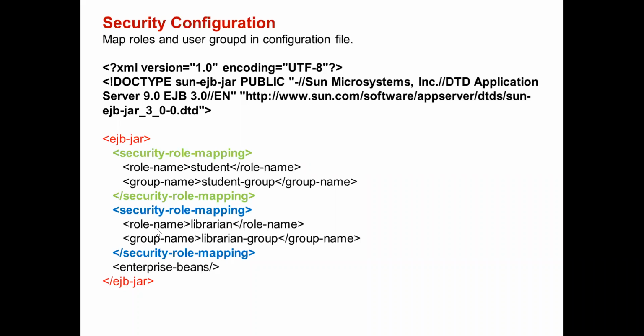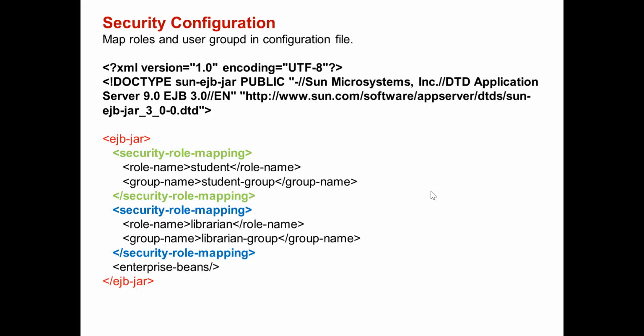One side will be the student and the student group, and the other side will be the library and library group. So this student and library will be in the security role mapping tag that will be executed.